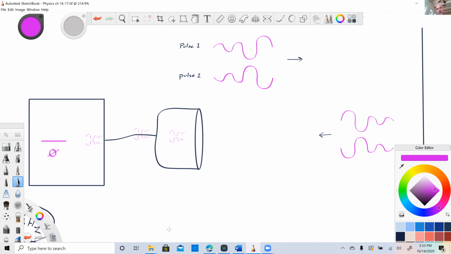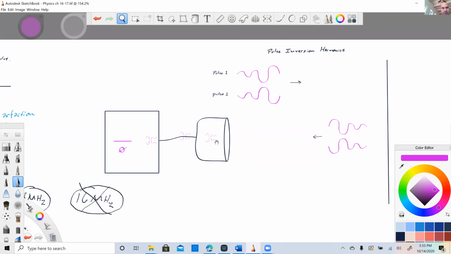So with harmonic imaging, originally what would happen is a pulse would go in. Well, that's not the picture I want. Let me just come over here.